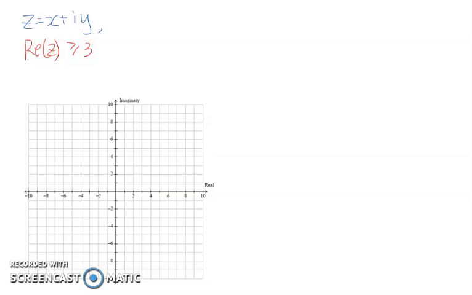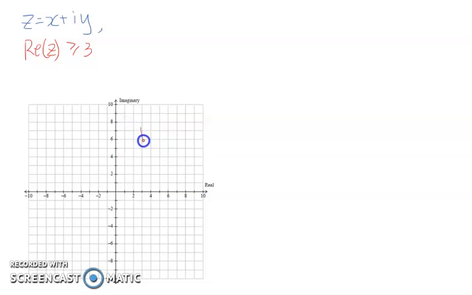Now let's have a look at another example here. Again, we have a complex number z equal to x plus iy, and the real part needs to be greater than or equal to 3. So the only condition that we need to satisfy is this, as long as the real part is greater than 3. We have an imaginary axis, real axis here, because we are talking about the real part, so we only need to worry about the real axis. So that's why we have value 3.